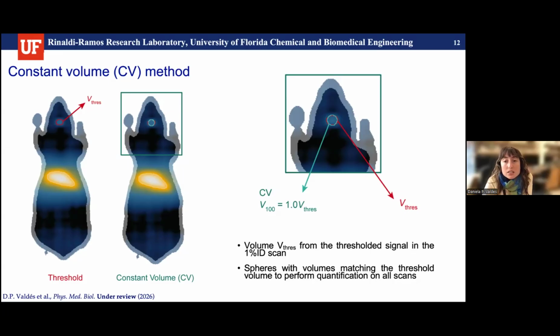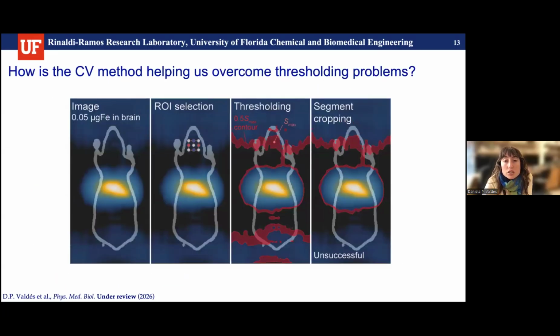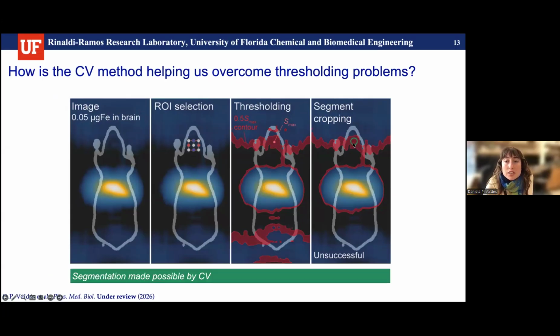This means that sometimes when we couldn't segment, if we could find the maximum, as in this case, when we place a sphere around it, we're cutting all this spurious signal out of the segmentation, and we have a way of making the segmentation possible.